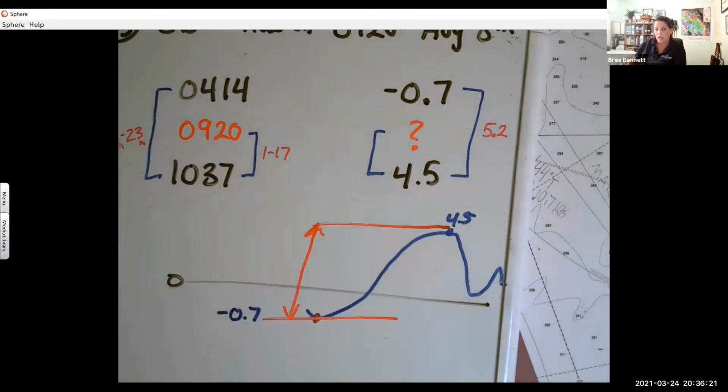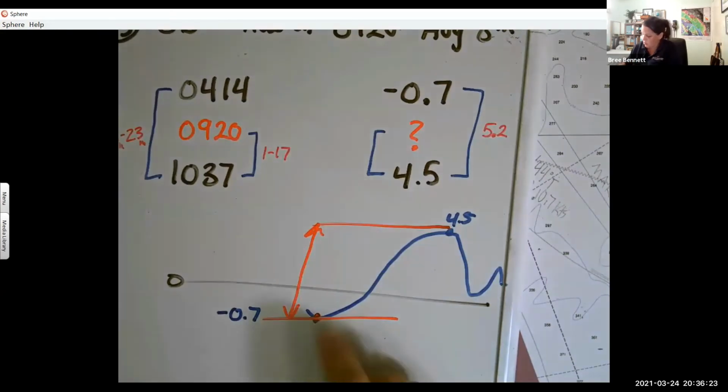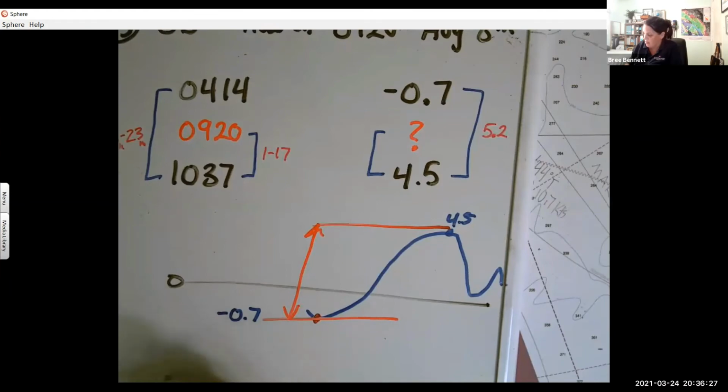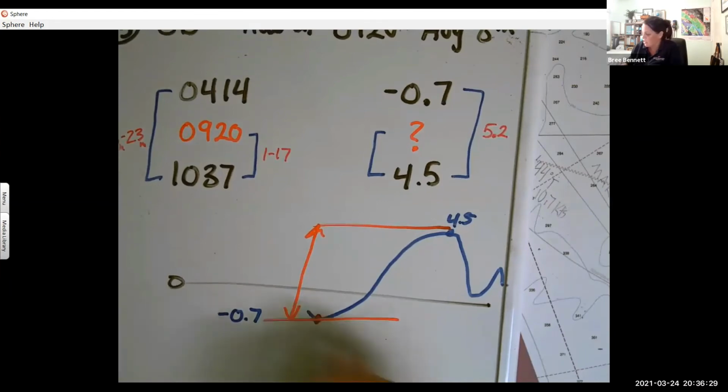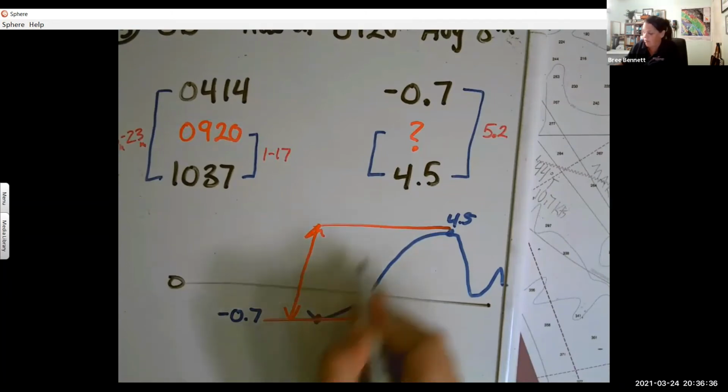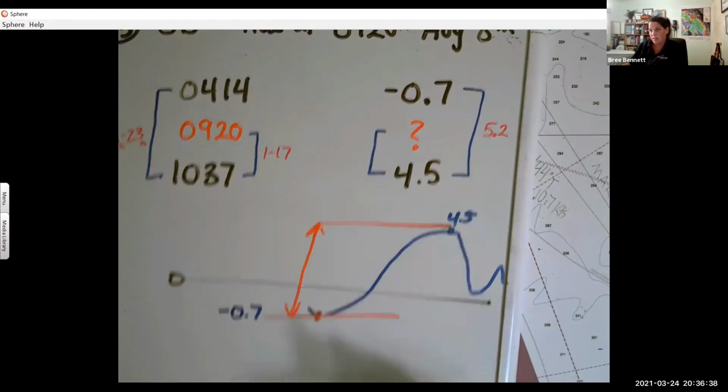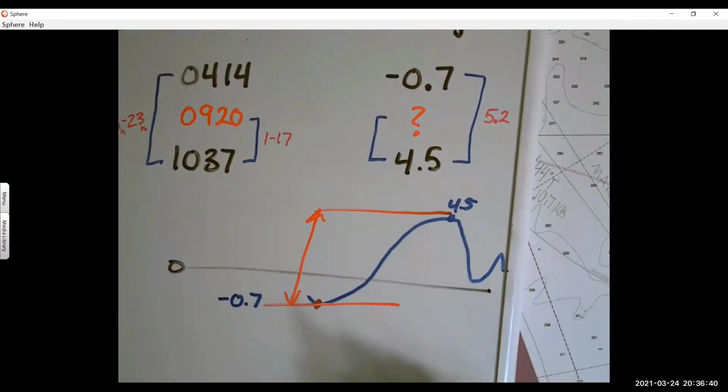So we're going to count kind of like a timeline or a number line, if you will. We're going to go from 0.7 negative to 0 and then a 4.5. I see. Thanks.